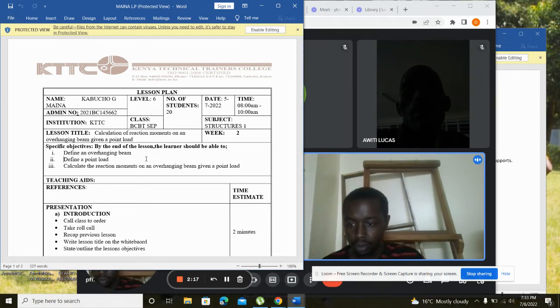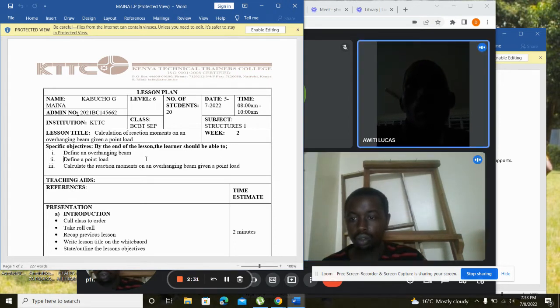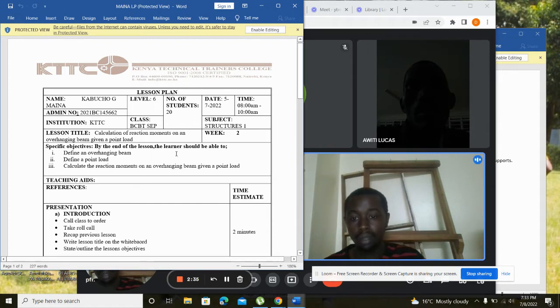Our new topic is loading in a beam. Our lesson title is: we are going to calculate the reaction moment on an overhanging beam when given a point load.